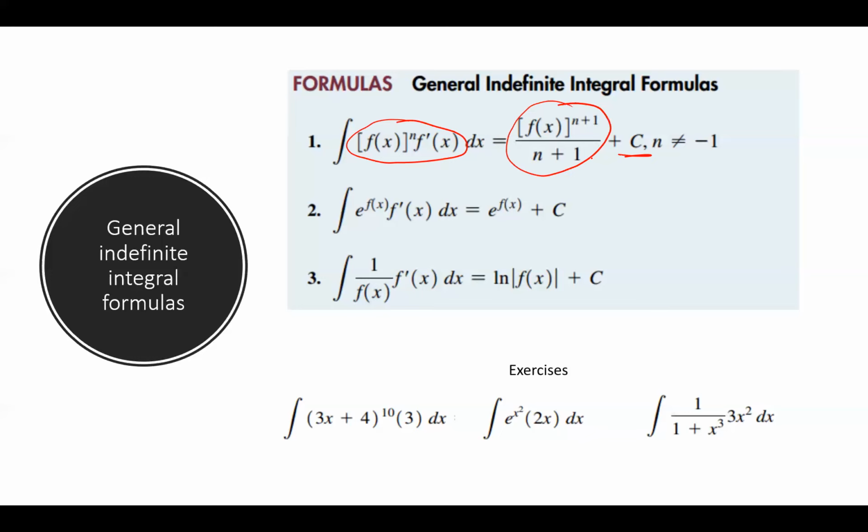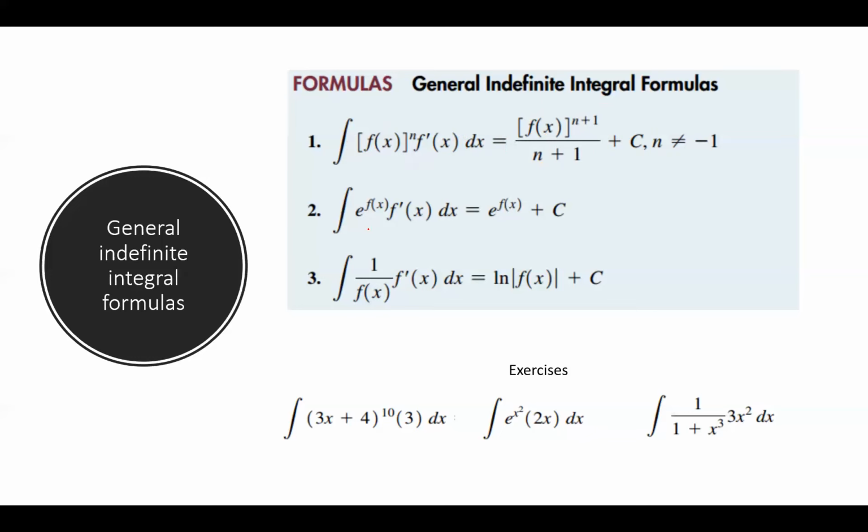If you're not sure about the specific form, I always try to take the derivative of this to see if it matches what you have in the integrand of the integral operation. This is something you can plug in and verify, and it is very helpful.